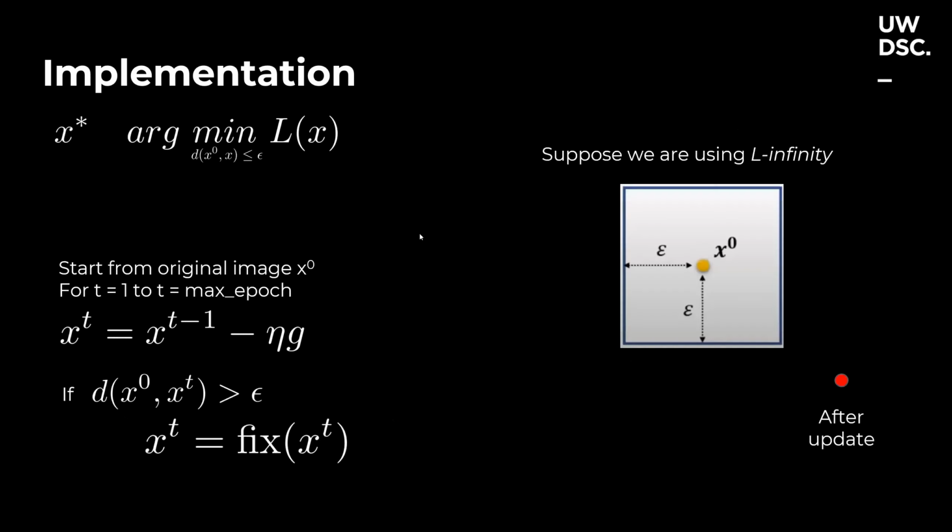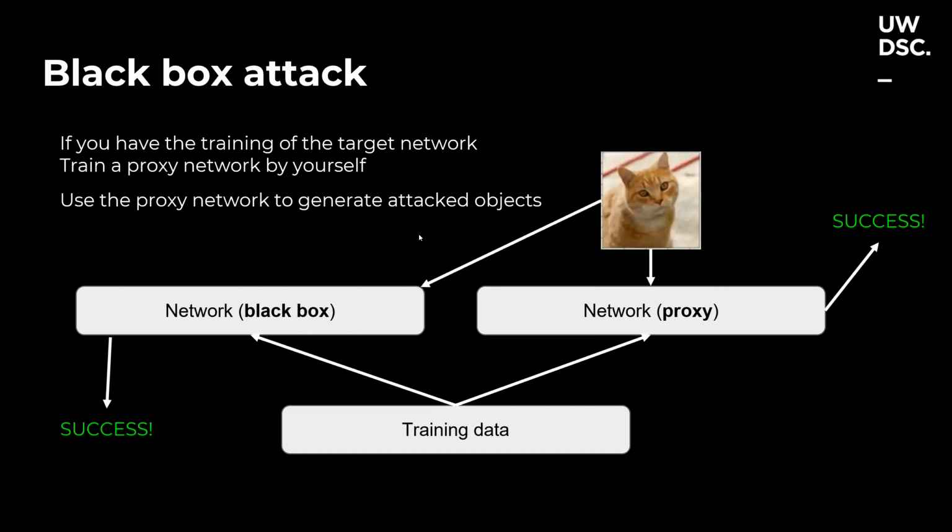So if you had the original network, would you still update the parameters of the original network? You don't, because usually it will be a black box. We don't even have access to that if you were to facilitate a black box attack.